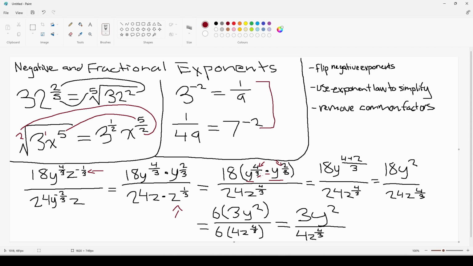And that's also because we have the same denominator here. We add them together, and we get 18y to the 6 over 3, which is just 18y squared. And then we're almost done. All we have to do is remove the common factors, and we're finally left with 3y squared over 4z to the 4 over 3.